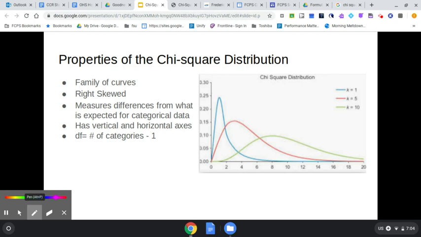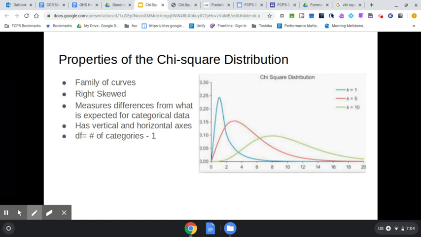So in the picture to the right here, we have three curves that are shown. The first curve would have a degree of freedom of 1. The red curve has a degree of freedom of 5. And then the green curve has a degree of freedom of 10. So as we can see, for small degrees of freedom, the chi-squared distribution is extremely right skewed.